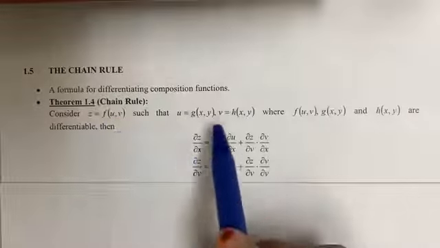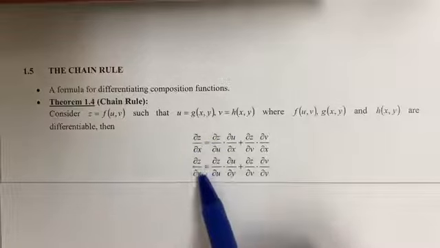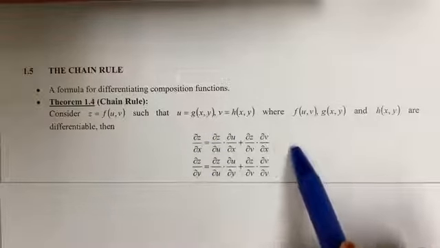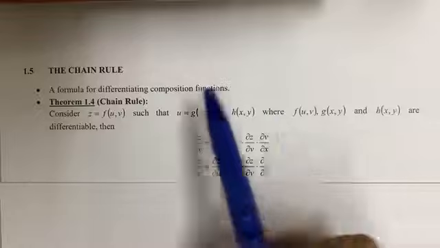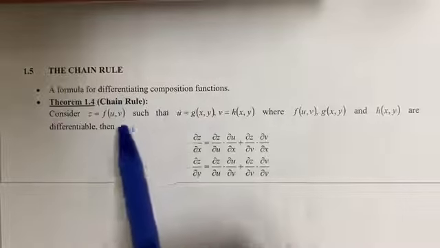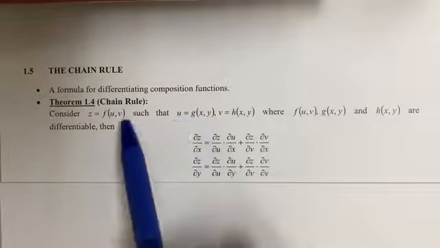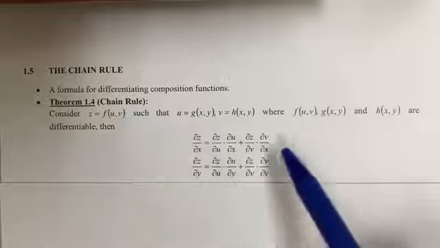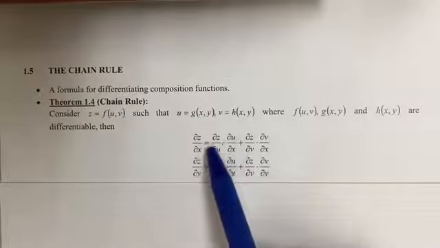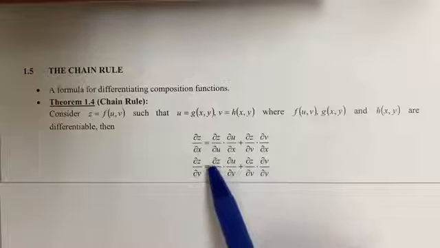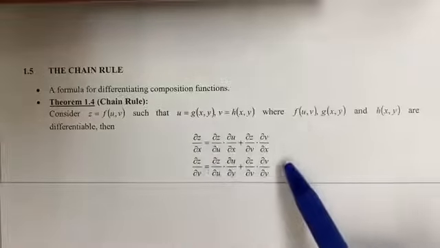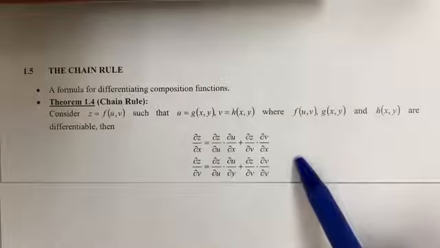Then you can find ∂z/∂x and ∂z/∂y using these two formulas. Meaning that the chain rule can solve a function in a function. ∂z/∂x and ∂z/∂y are written as this, and this comes from the tree diagram.